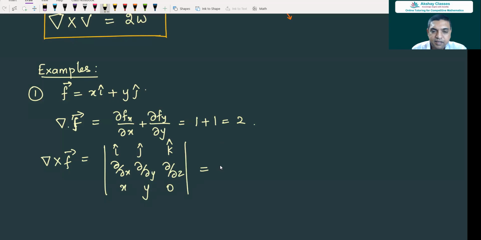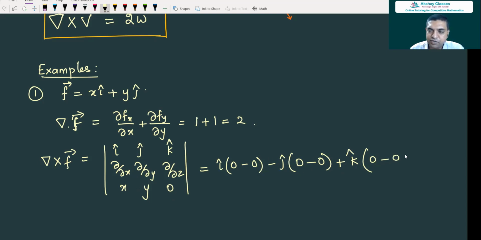We get i times 0 minus derivative of y with respect to z, which is 0, minus j times derivative with respect to x of 0, which is 0, and derivative of x with respect to z is 0, plus k times derivative of y with respect to x, which is 0 because there is no x component. Derivative of x with respect to y is also 0. So we get a 0 curl.